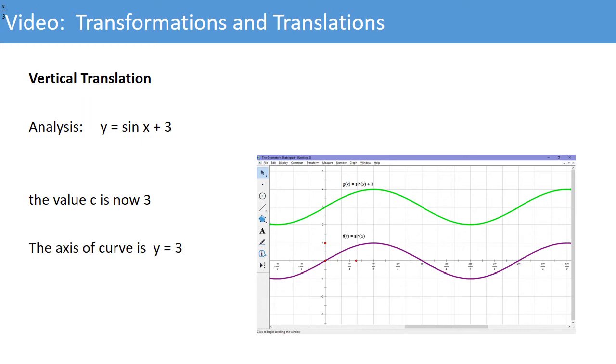That means the axis of curve is at y equals 3. And if we draw a horizontal straight line, we notice that, yes, it is at y equals 3. So adding a number at the end of the equation determines the position for the axis of curve, which means our whole graph has moved up.